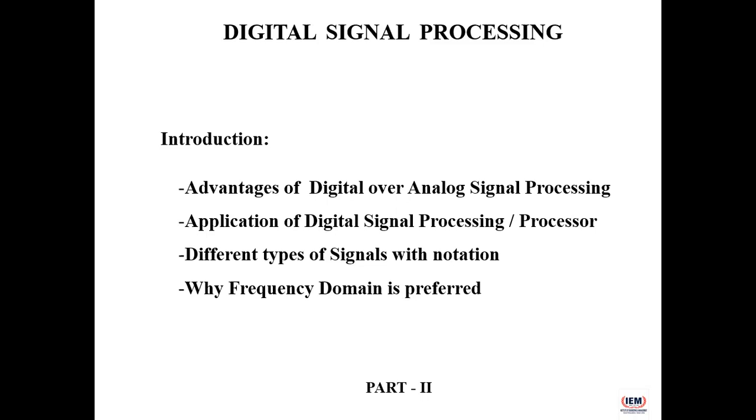You know that we consider Fourier transform and prefer the frequency domain, but why do we prefer it? That is the basic thing. Most of the time in interviews they ask this question. Whatever is present in the slide is all related to your interview and also your viva questions.